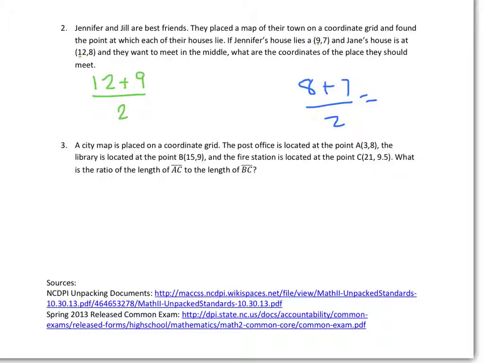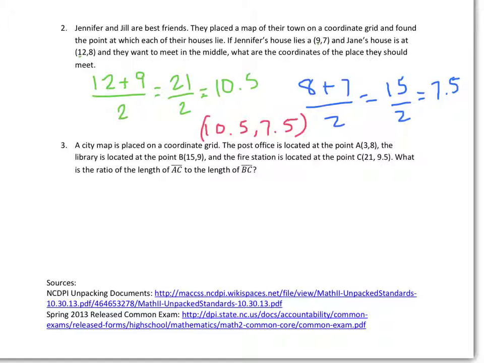So 12 plus 9 is 21. 21 over 2 is 10.5. 8 plus 7 is 15. 15 over 2 is 7.5. So the coordinates where they need to meet are at 10.5, 7.5.